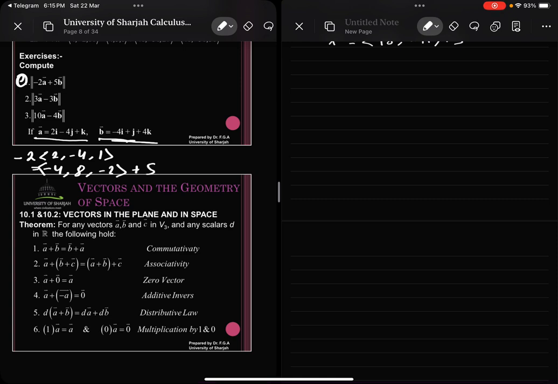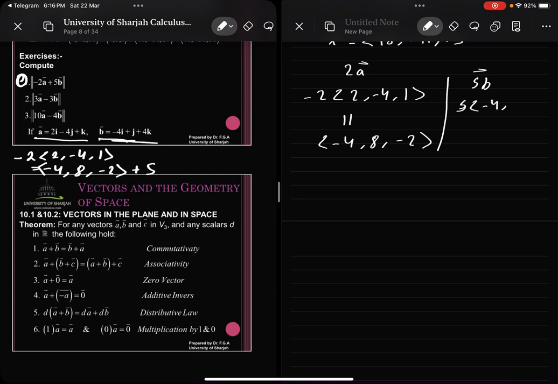And for 5b, it will be 5 times (negative 4, 1, 4), so it will be (negative 20, 5, 20).